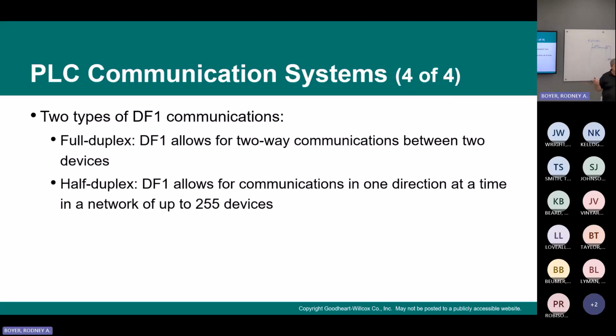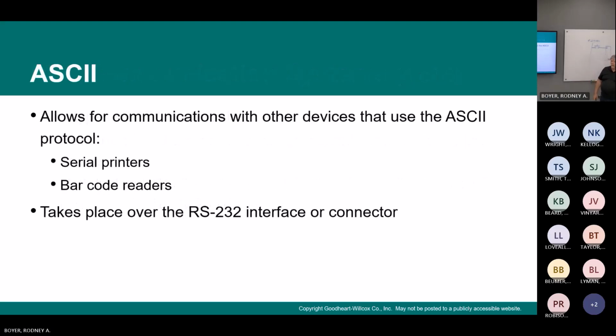You can't do both at the same time. If you think of a telephone, we can both listen and talk at the same time. That's full duplex communication. CB radio, you can only listen or talk because you got to press the button on the mic to be able to talk. And if you press the button, you can't hear.